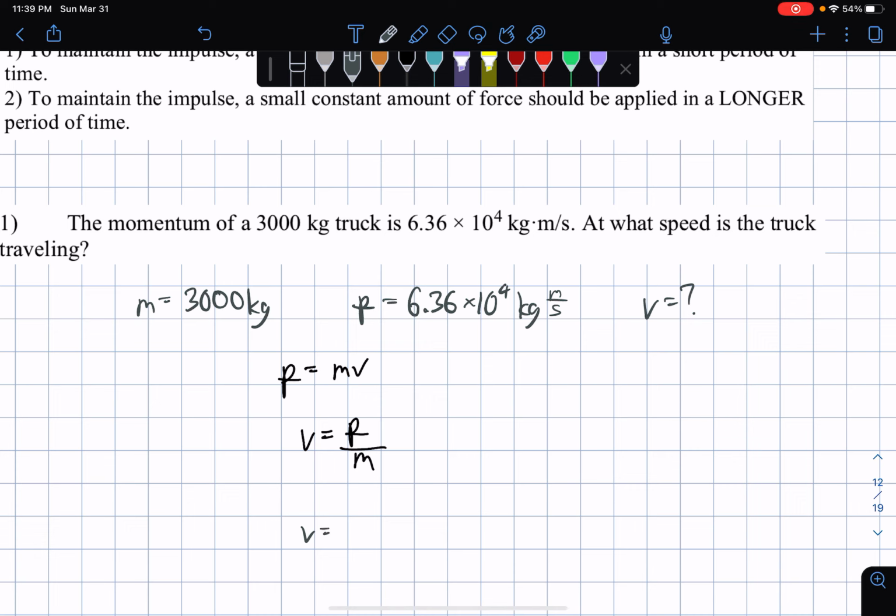So V is equal to P. P is 6.36 times 10 raised to 4 kilograms times meters per second. Mass is 3,000 kilograms.